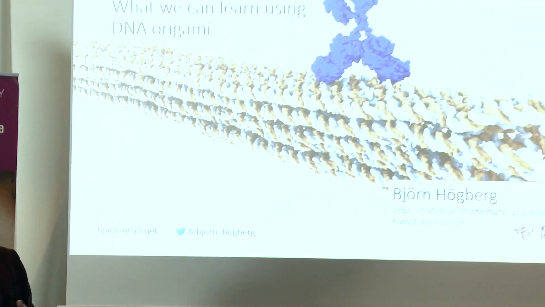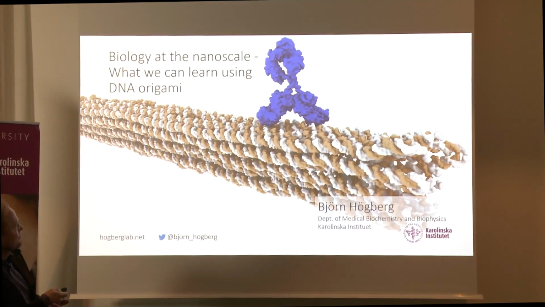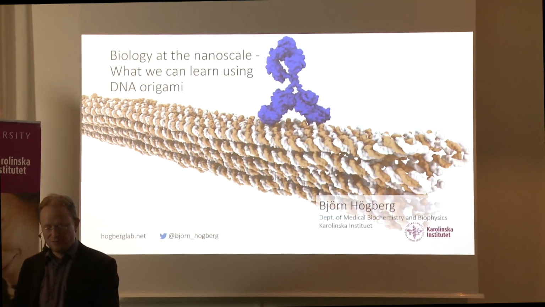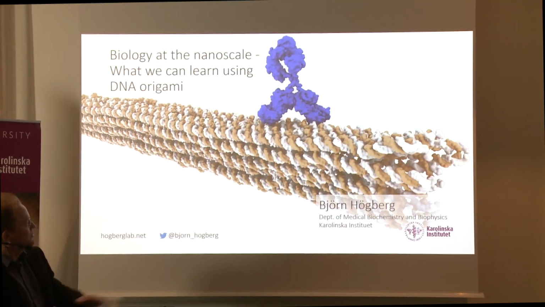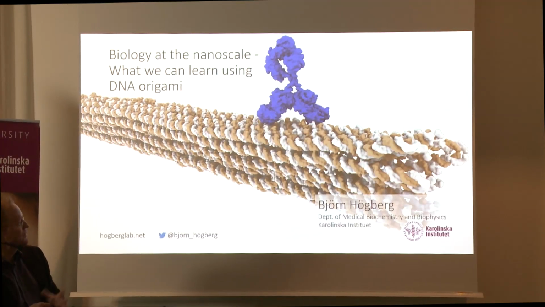What we have here in the background, I'm going to try to convince you that structure is important, in particular at the nanoscale, where I think a lot of the important stuff in biology actually takes place. I will try to explain this in further detail as we go through the talk. The bottom part here is a DNA origami nanostructure, and I will tell you what that is.